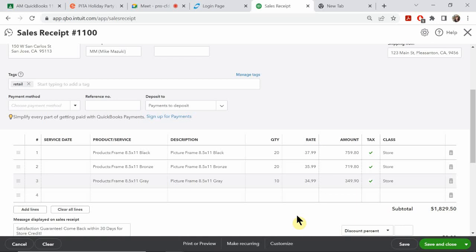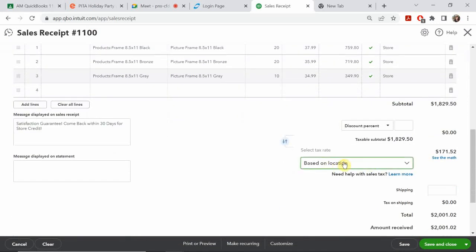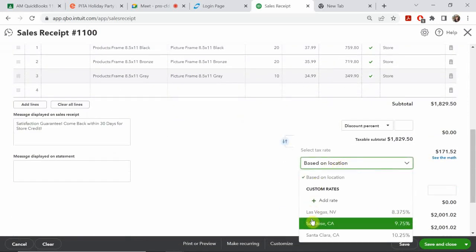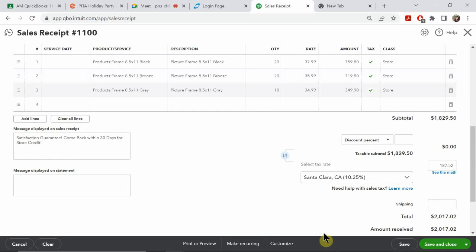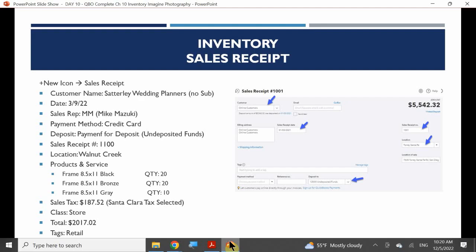It already told me that I'm going to charge $37 for the black, $35 for the bronze, and $34 for the gray. So there you go, and they're all taxable. So I do need to designate that this tax is going to be from the Santa Clara location. So therefore, the grand total that they owe you is $2,017.02. So does that match?